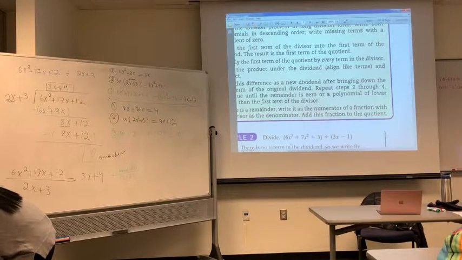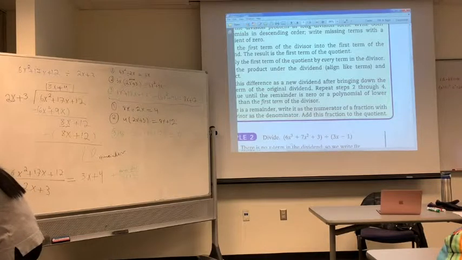Multiply 2x gives you 6x cubed. So what about 2x squared multiplied into 1? 1 is equal to 1. See, you didn't apply this 2x squared to the last term in parentheses. You left it 1.